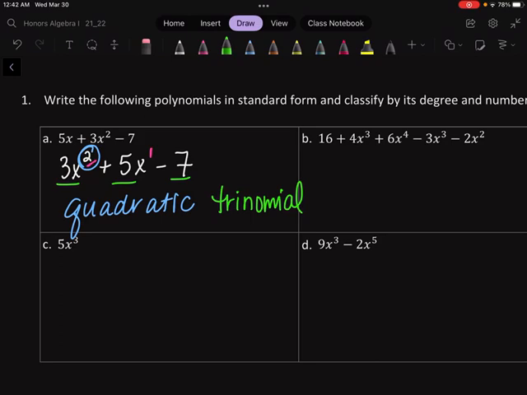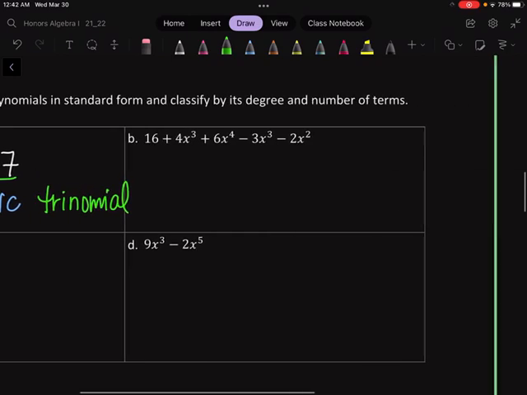Part B, I need to see what's my highest degree. Well, I have this x to the 4th, but then I have 2 of these x cubes, so I would have to combine those. That's going to be plus 4x cubed minus 3x cubed, which will get us a positive x cubed.